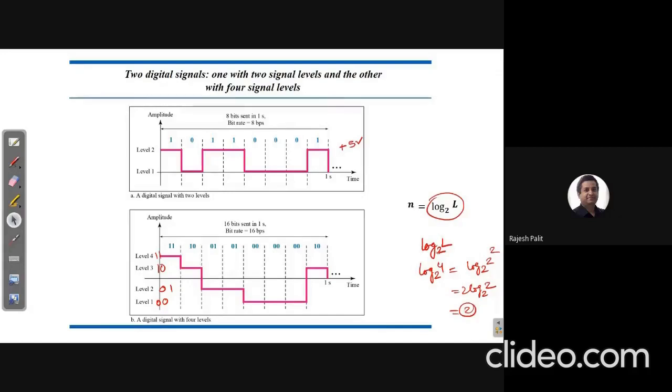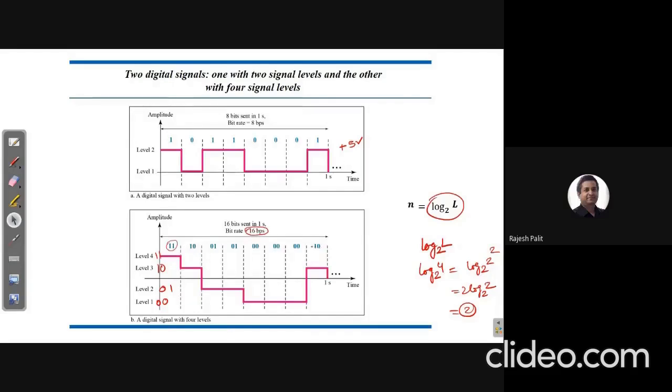So here in this case, in 1 second we can send 16 bits, because in one signal we can send 2 bits. So it is 16 bps.